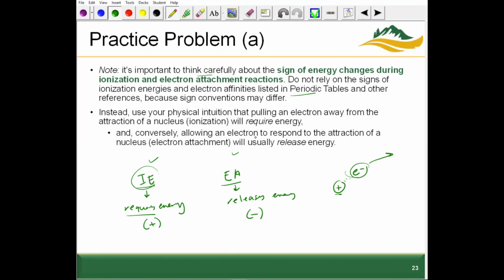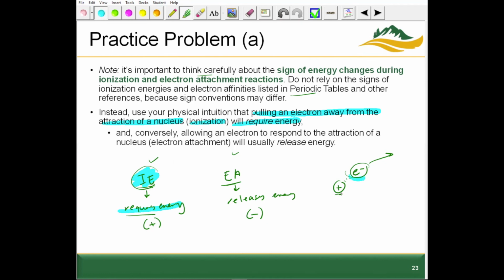This is as opposed to just trusting the sign of the ionization energy or the electron attachment that we see. So how do we reason through this again? Pulling an electron away from the attraction of a nucleus, or ionization energy, requires an input of energy.